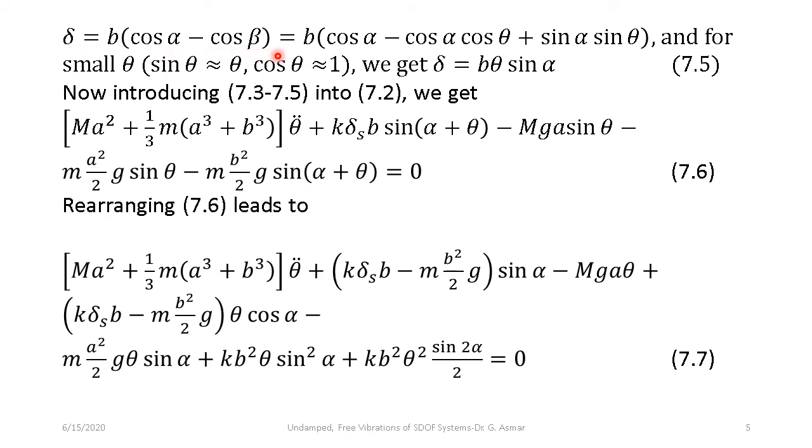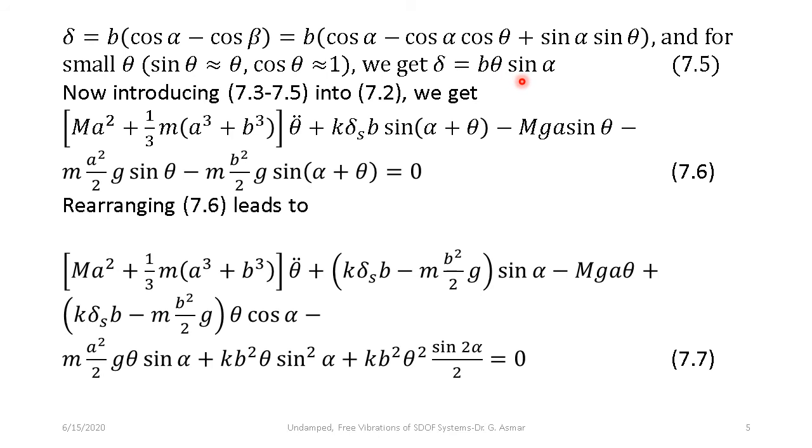Remember that beta is alpha plus theta, so that gives me b times cosine alpha minus cosine alpha cosine theta plus sine alpha sine theta using a trigonometric identity. Also for small theta, sine theta is almost equal to theta and cosine theta is almost equal to 1. So using this, we simplify the expression for delta to get delta equals b times theta times sine alpha.